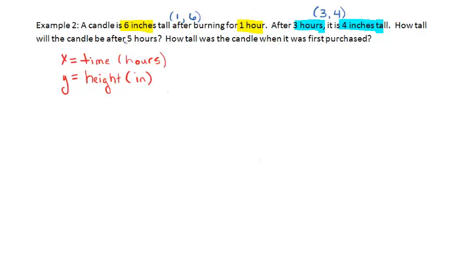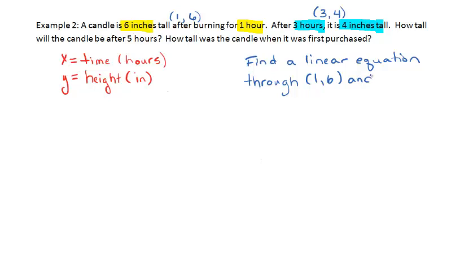Based off of this, I want to know how tall it will be after 5 hours. Well, before I can answer that, I need a linear model. So my first step is to find a linear model that goes through these 2 points, 1, 6, and 3, 4.